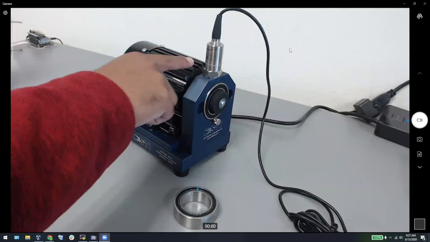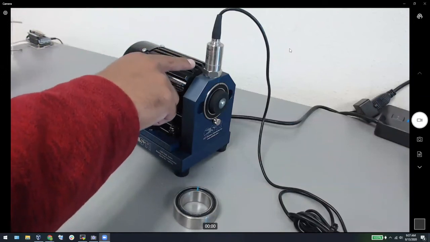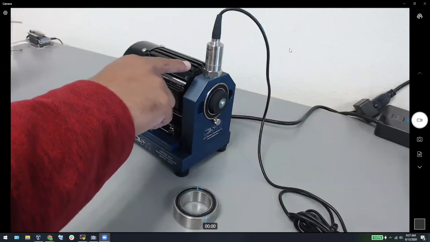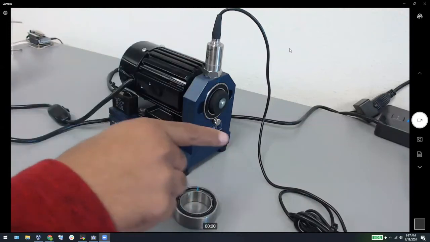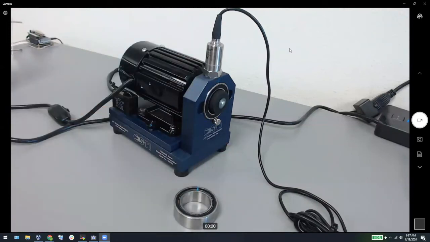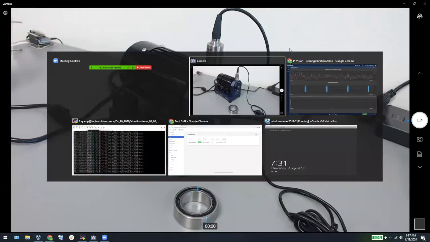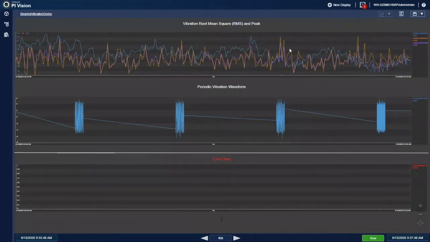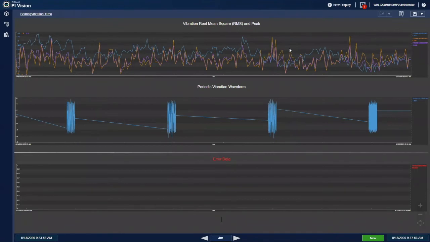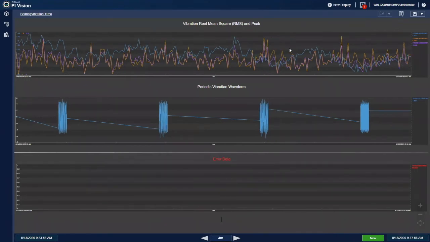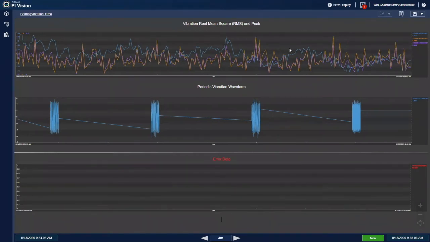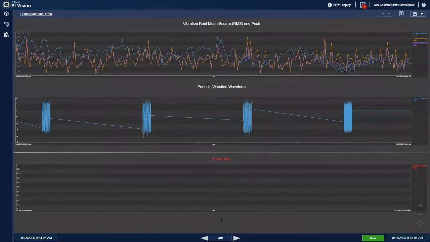Now, on top of the motor, we have an accelerometer attached to measure vibration. That accelerometer is connected to a gateway in which Fledge is running. Moving on to this screen, this is OSI's Pi software. As far as the data flow goes, we're collecting data from that accelerometer into Fledge, processing that data, and then sending data out to OSIsoft's Pi, hosted on my laptop here, and visualizing that data within.